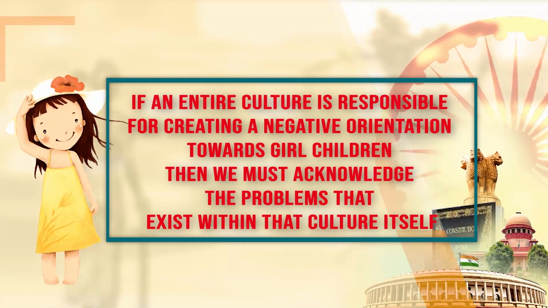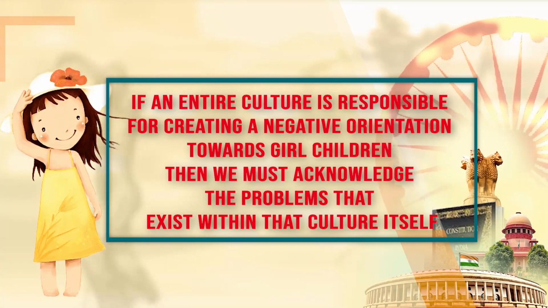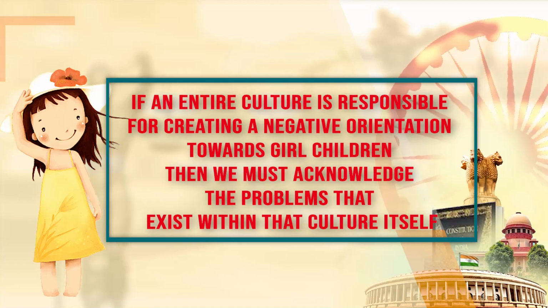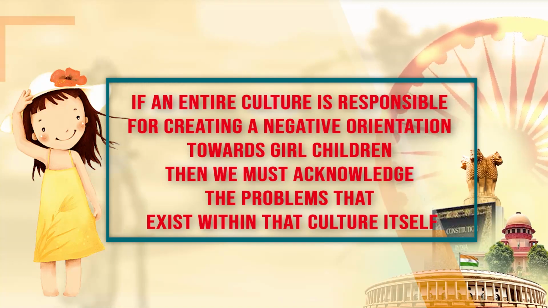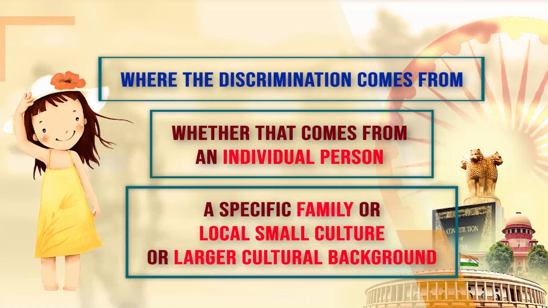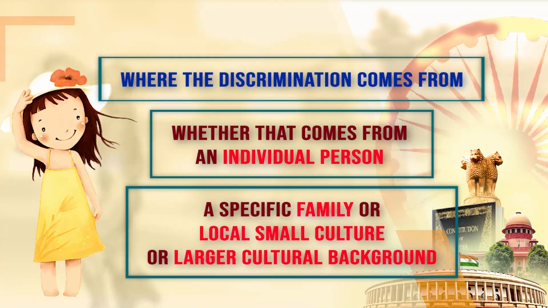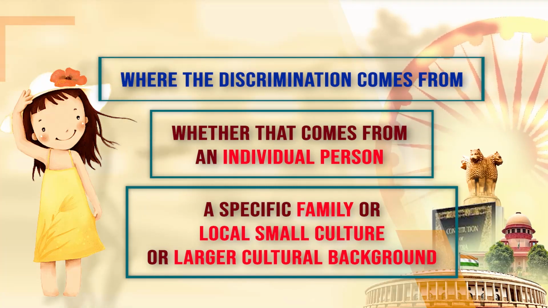Similarly, if an entire culture is responsible for creating a negative orientation towards girl children, then we must acknowledge the problems that exist within that culture itself. So when we are discussing discrimination, marginalization, and abuse of the girl child, we must understand where that discrimination comes from, whether that comes from an individual person, whether that comes from a specific family, or whether it comes from a local small culture, or whether it comes from a larger cultural background.